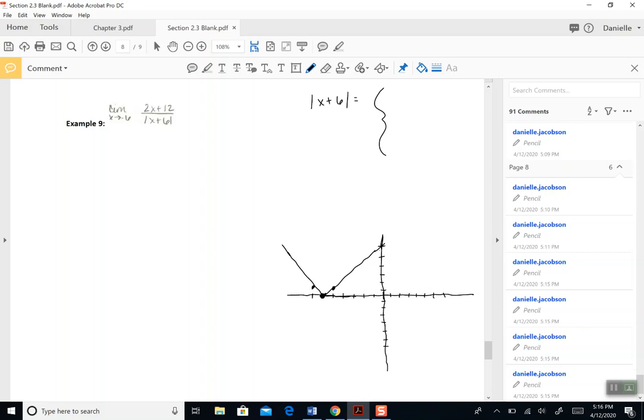Now if we're thinking about what this looks like coming from the left, so I'll write x is less than 0 to mean the left-hand side, then I know that I certainly have a slope of -1. I can see the slope goes down 1 over 1. So the slope is -1, or -x. If I extended this line all the way down, I would find that the y-intercept is -6.